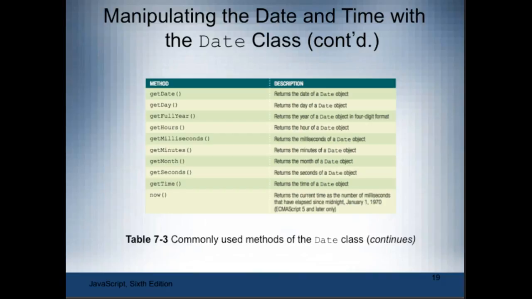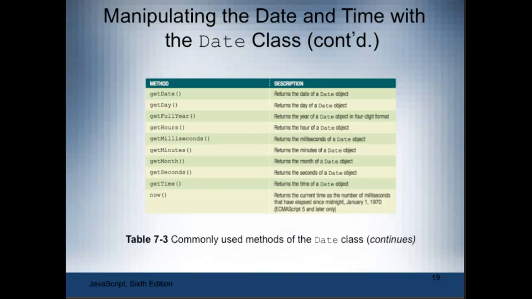Table 7.3 on this slide and the next lists commonly used methods and properties of the Date object. The getDate method returns the date of a Date object, and the getDay method returns the day of a Date object. The getFullYear method returns the year in 4-digit format, and the getHours method returns the hour.